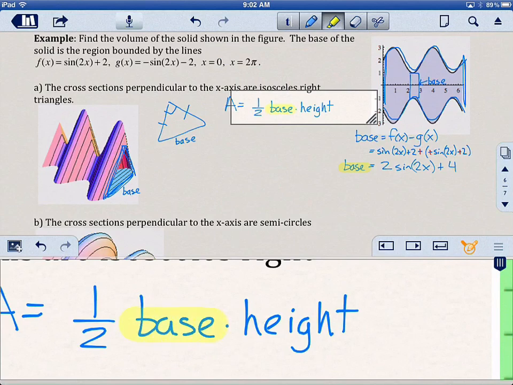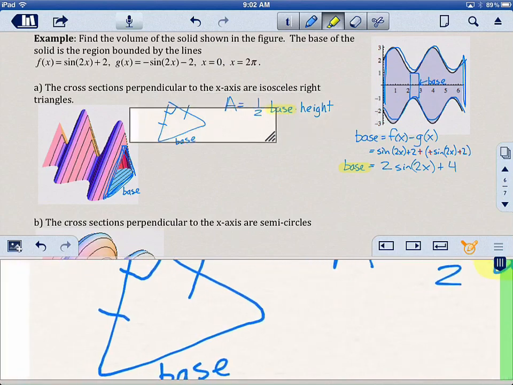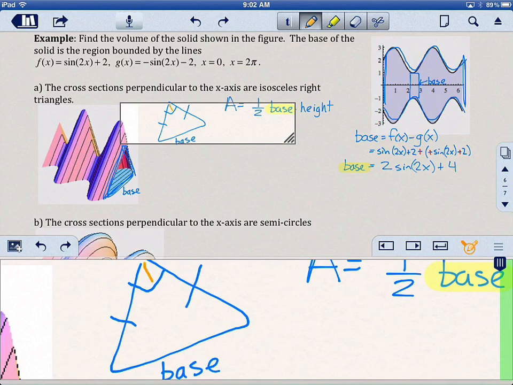Okay, so we have one part of our function, A of x, but now we also have the height. So let's deal with the height over here. And the height is going to be the distance from here to here perpendicular. Now, thinking back to geometry, if we draw the altitude of that isosceles right triangle, we know we split this right here. And the height is also going to equal half of the base.